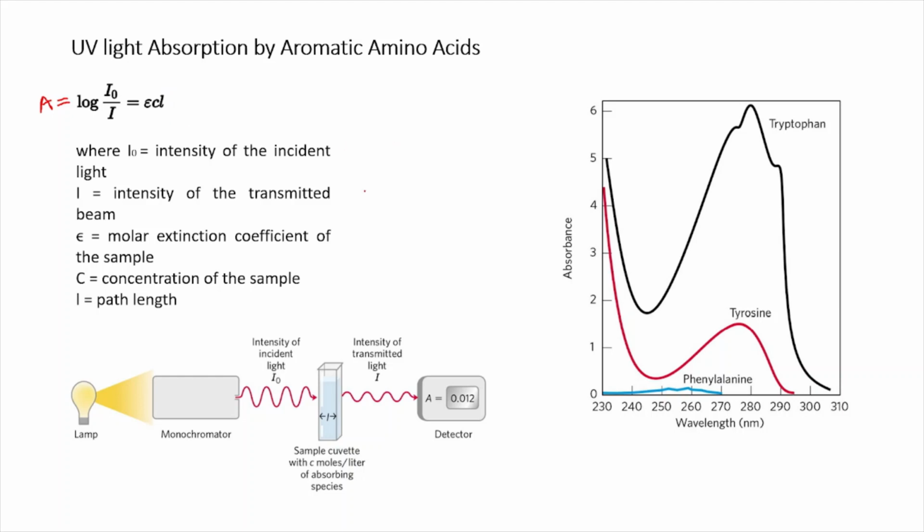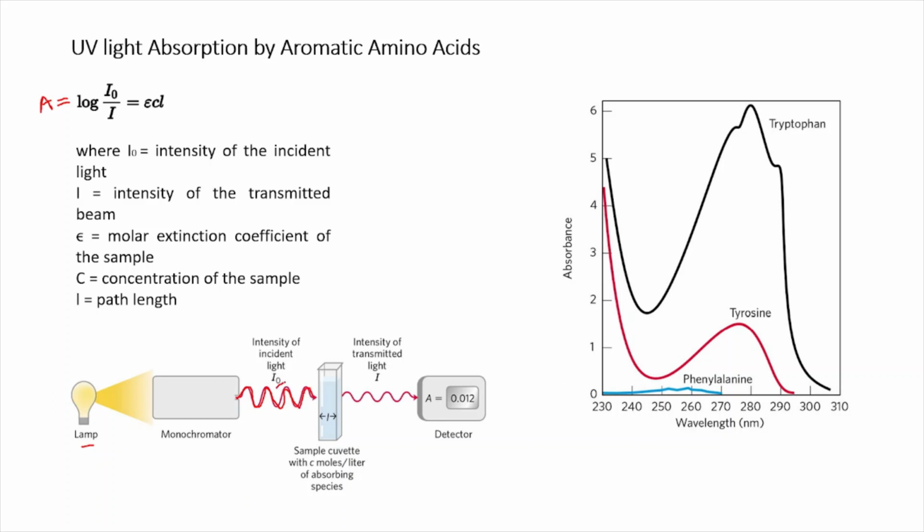Though we will have a separate video on the Beer-Lambert law, let's have a quick recapitulation. If you have a light source, say a lamp, and you pass it through a monochromator to select a particular wavelength, this is the wavelength that falls on the sample. It has an intensity of I naught.